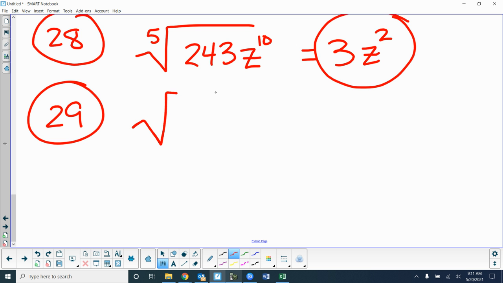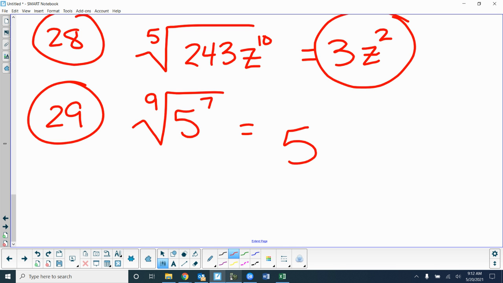Okay, this one's the 9th root of 5 to the 7th power. It said, write it using rational exponent. So what's my base? What's the base? Louder. 5. Whatever's under the radical sign, that radicand, is the base.